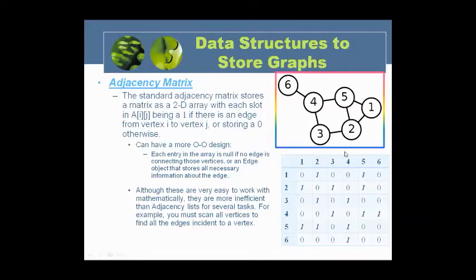Okay, so 3 and 3, 0. 3 and 4, 1, because there is connection. So you know now the differences wherein it is adjacent, the vertices and using their edges. Got it? And the rest will follow.